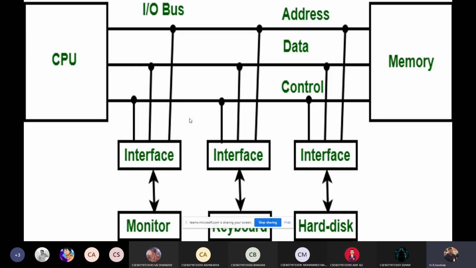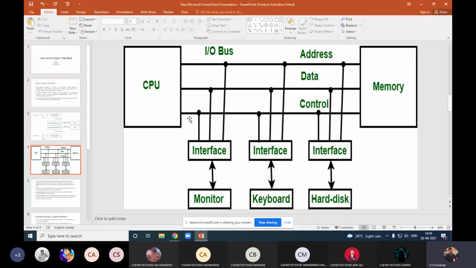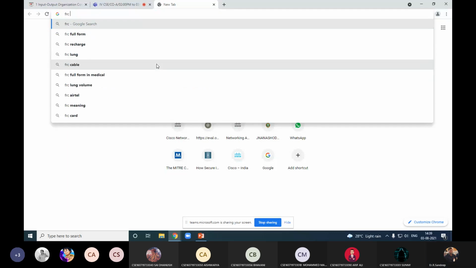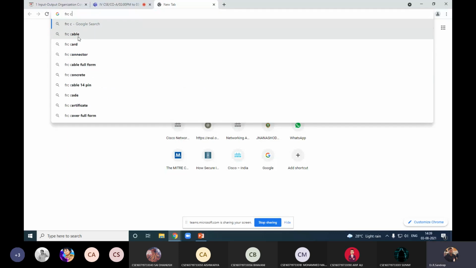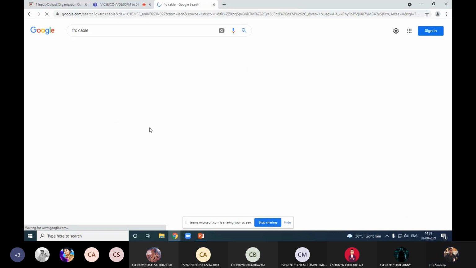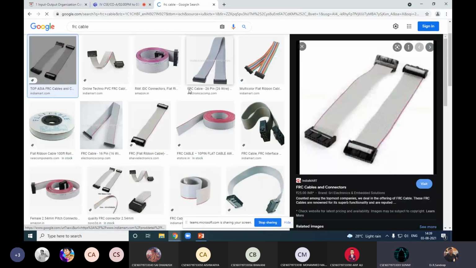Do you have any idea about FRC cables, flat ribbon cables? Let me show you that as well. Like this, where you can find this kind of thing.